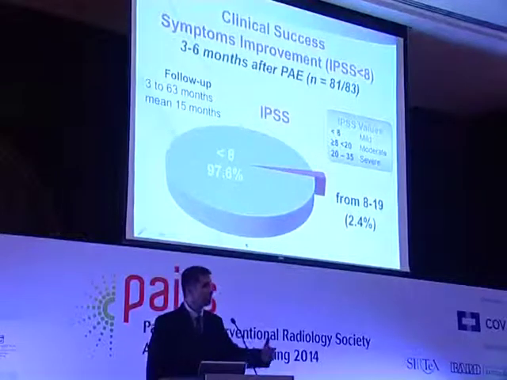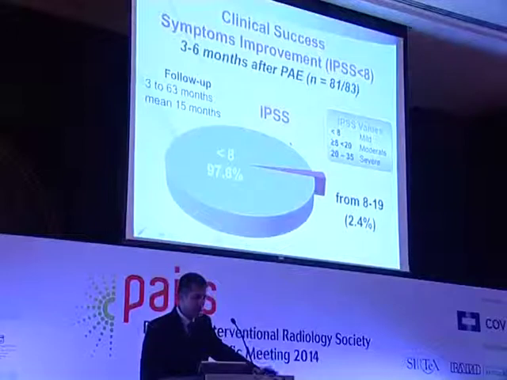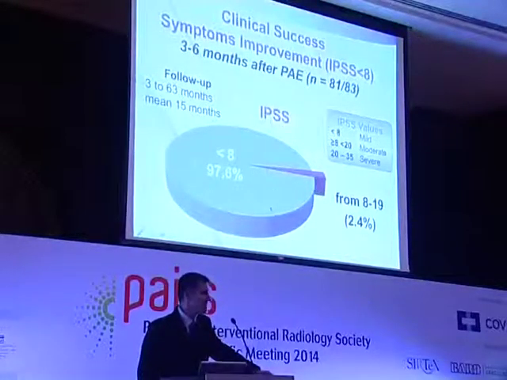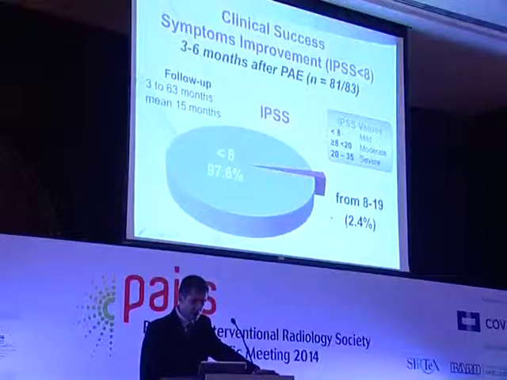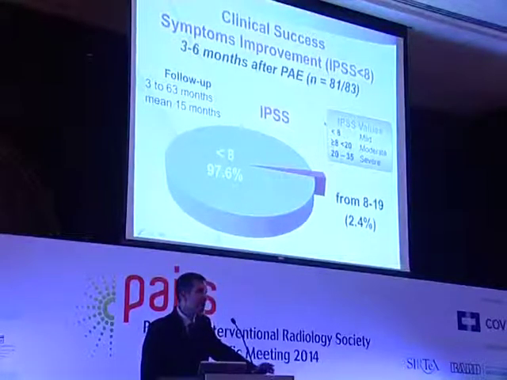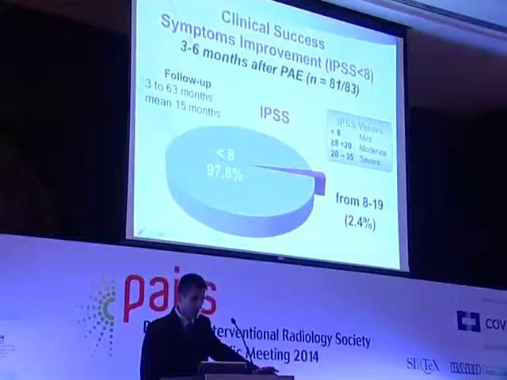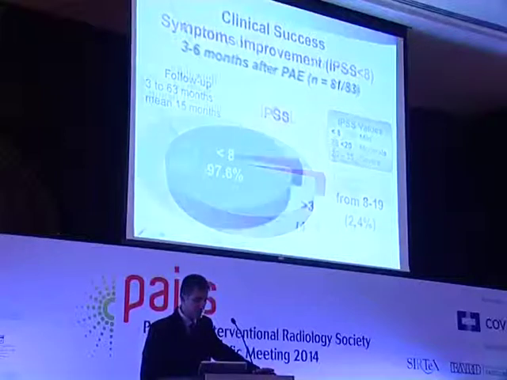But let's move on concerning our results. What about symptoms? We have observed a 97% improvement in symptoms. They are much better. They reduced to below 8, which means mild or no symptoms, and 2% of them had moderate symptoms.